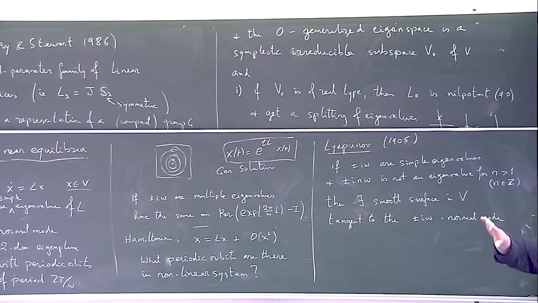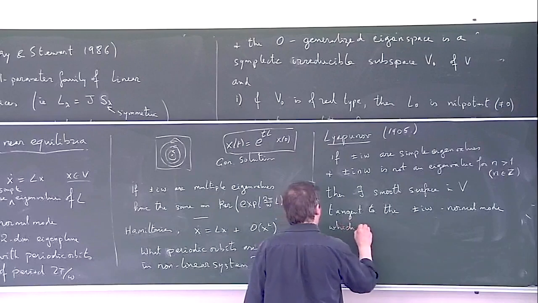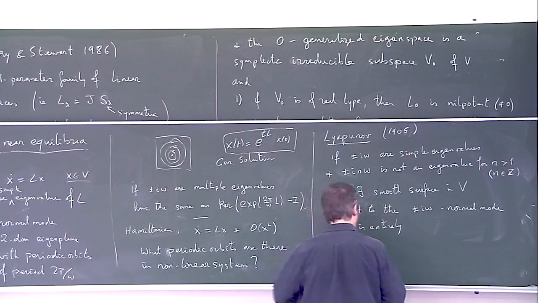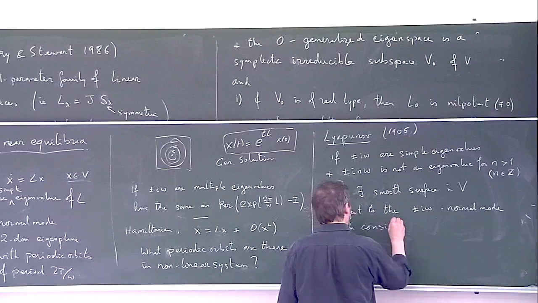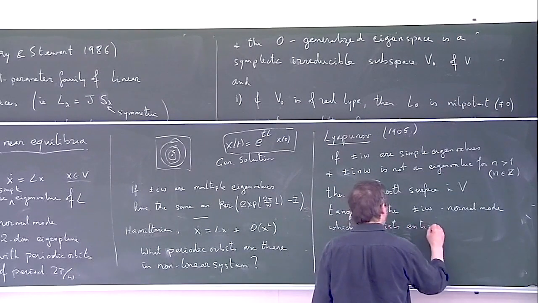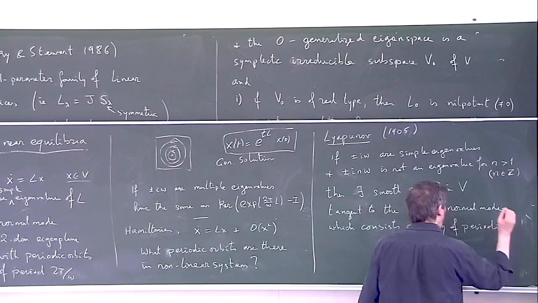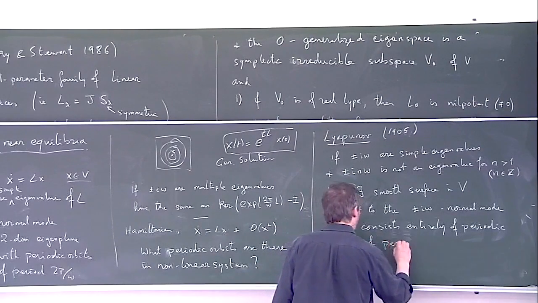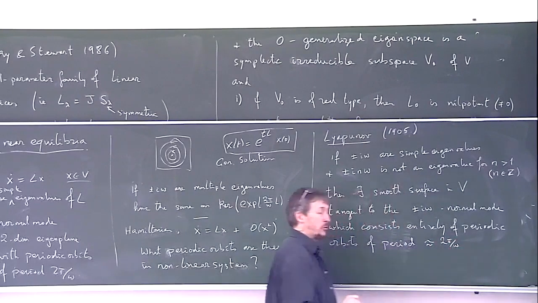So now we have a curved surface, possibly curved, tangent to this plane, which consists entirely of periodic orbits of period close to 2 pi over omega.